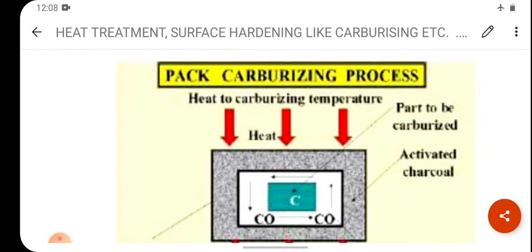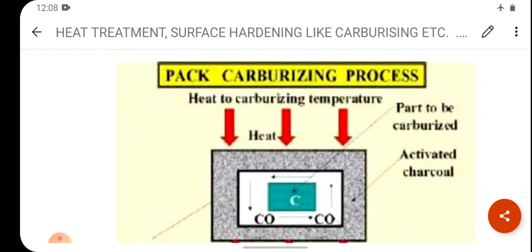Red color shows the heat supplied, and C, in the green or white colored part, is the part to be carburized. Carbon is accumulating in, or being absorbed by, the object. The activated charcoal is black-blue in color. In the charcoal the carbon percentage will be more.